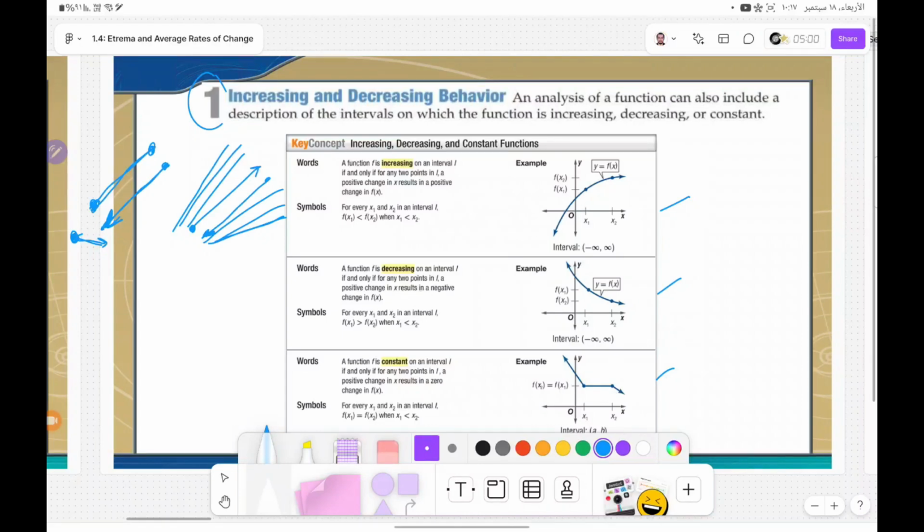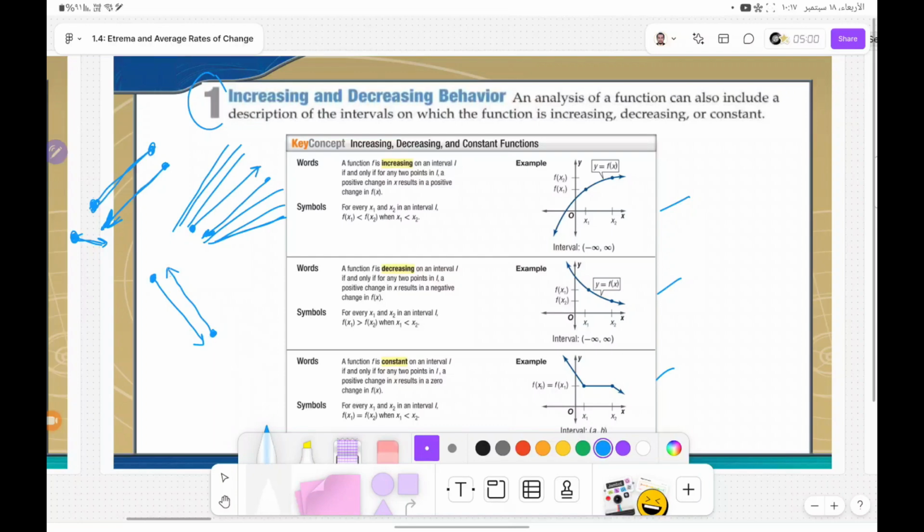Now, how about decreasing? Decreasing also starts from left to right, but the point should go from up to down, like this. If I tell you that the line is going like this and you say it is increasing, I think you need to rethink that.